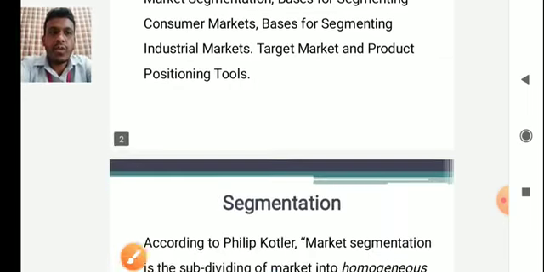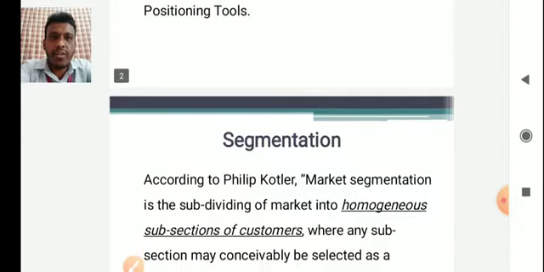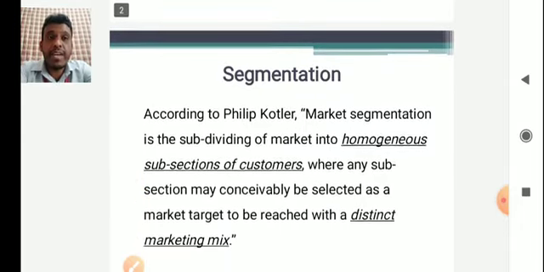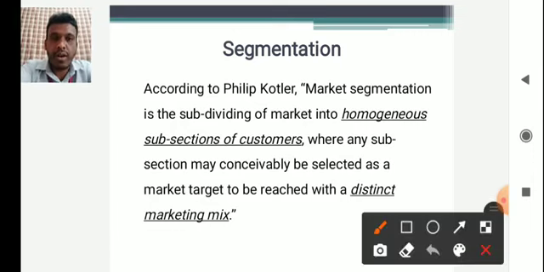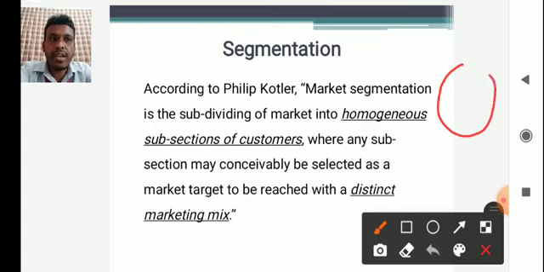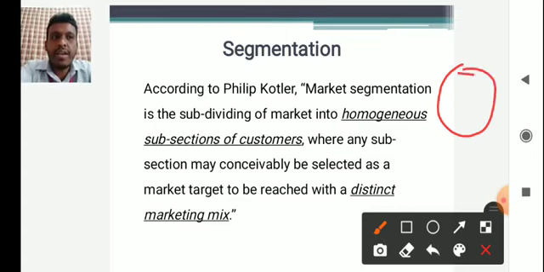Now, when we are talking about segmentation, what is a segment? A segment is a part of a whole, by definition. Suppose there is a market here, and you divide this market into certain divisions based upon some criteria.